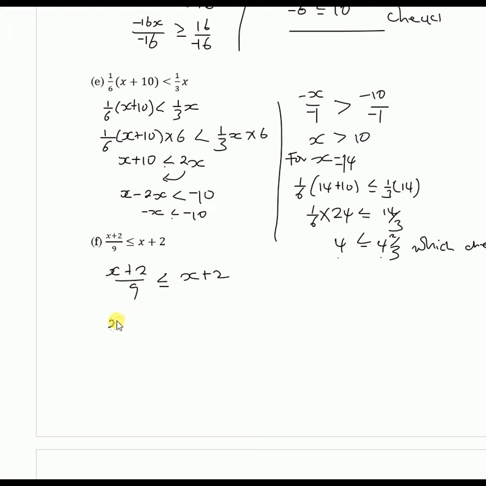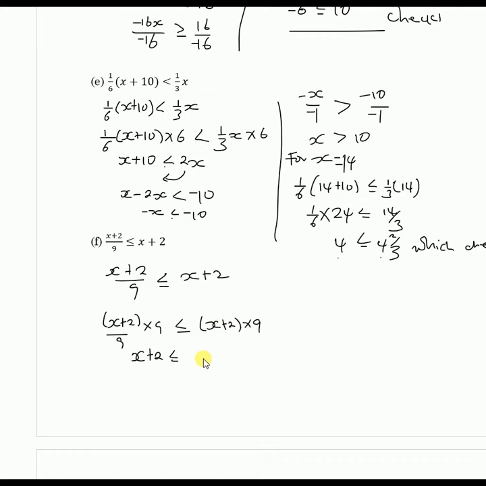So we have x plus 2 over 9 times 9, that is the left hand side multiplied by 9, less than or equal to x plus 2 times 9, that is the right hand side also multiplied by 9. When I multiply by 9 here, this 9 will go with that 9, and the left hand side shall remain with x plus 2.